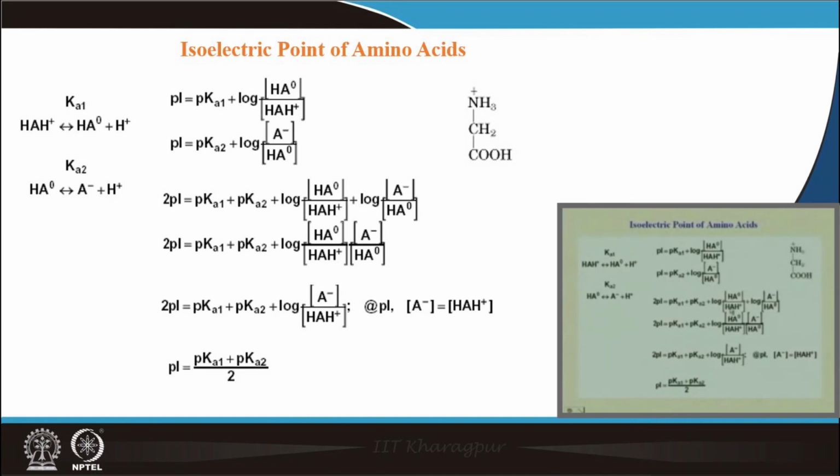Then if you just work through the algebra, you can find out that the pI is actually going from the +1 to the -1 through the 0. The pI is the summation of the pKa's of those two values divided by 2. Okay, so all you have to do is consider the +1 form, the -1 form going through the 0 form, for which you calculate the pI value of your specific amino acid.